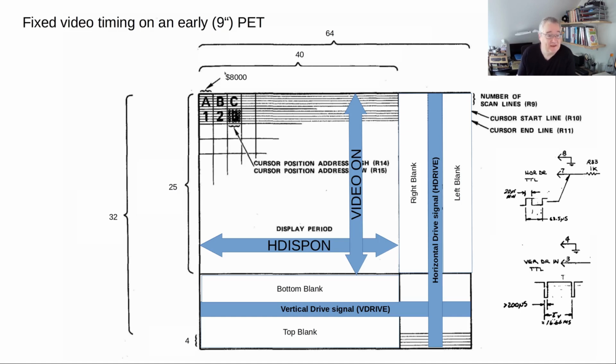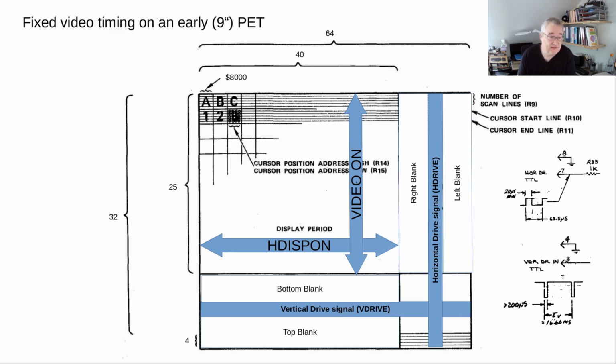So we have 40 characters on the screen. We have 25 character lines on the screen. We have 32 character lines total, and then a half one to get to the NTSC video timing.